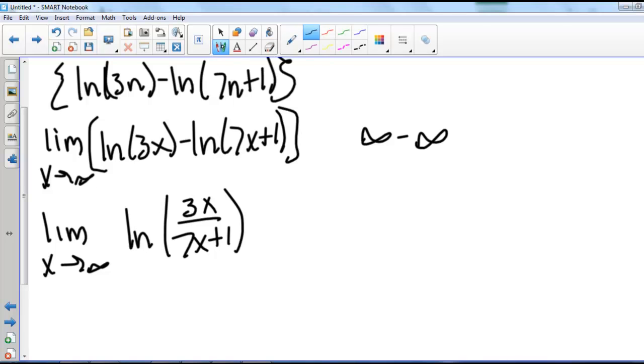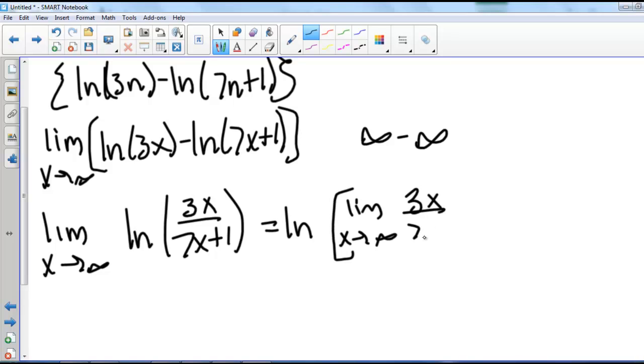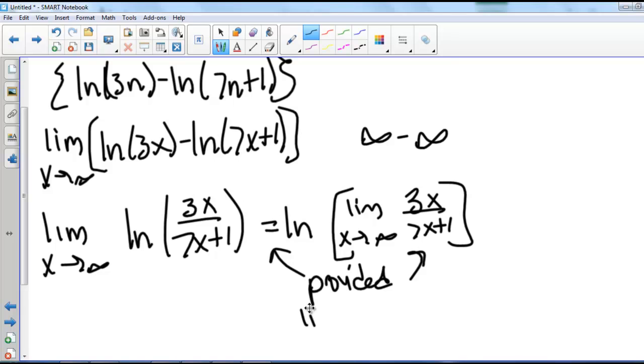Since the natural log of u is continuous on our domain, we have this equals natural log of the limit as x goes to infinity of 3x over 7x plus 1. And this equality is true provided that this limit exists.